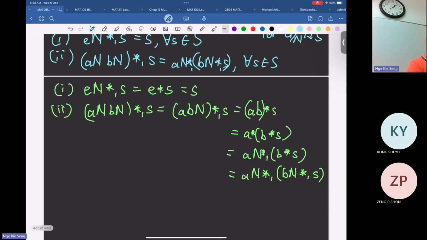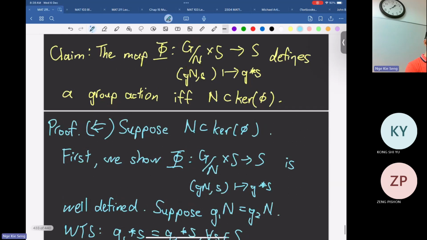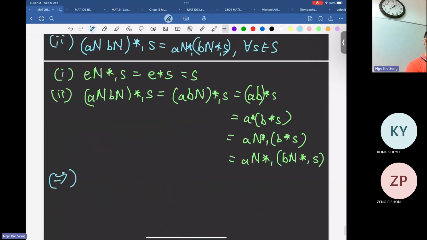How about the other direction? Suppose you have an induced action. So we have an induced action, it is well defined, and all the group action axioms are satisfied. We need to show that the normal subgroup is in the kernel of phi.